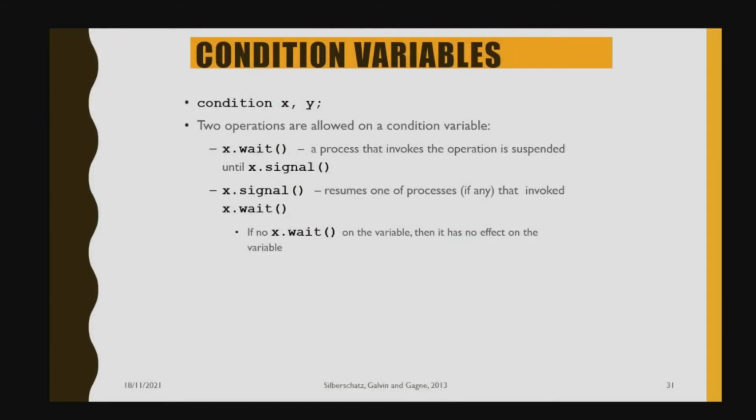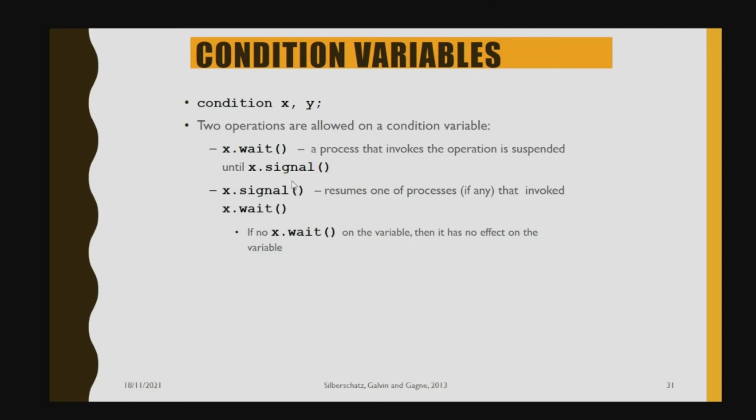We use condition variables, condition x and y. Two operations are allowed on a condition variable. The x.wait function means x calls the wait function. A process that invokes the operation is suspended until the x.signal function is called.